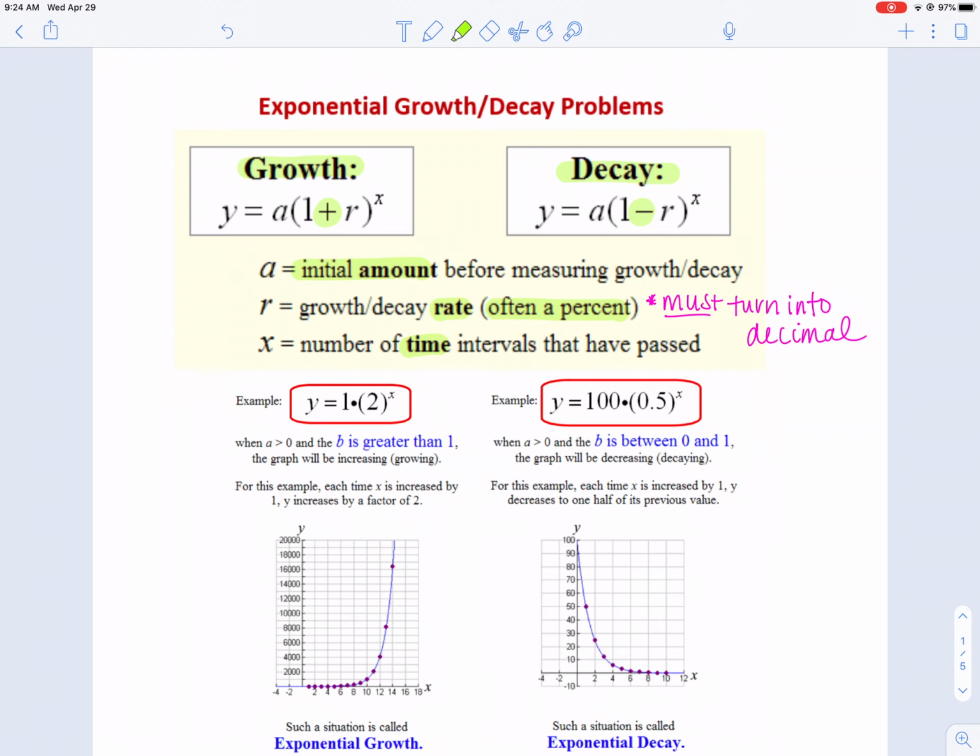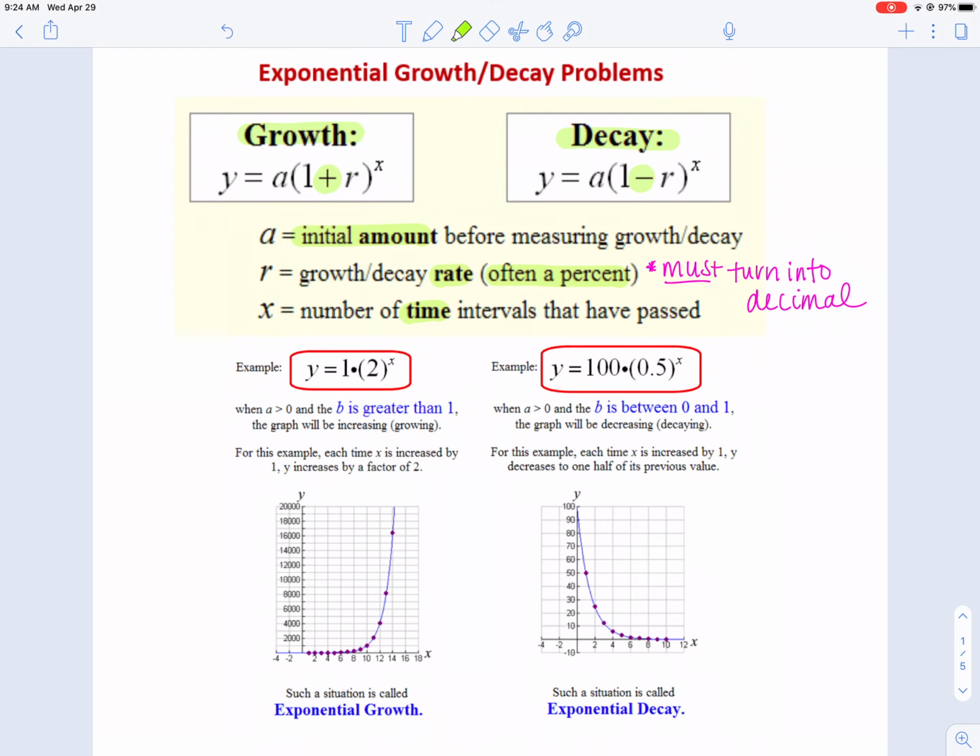So how are you going to know you're looking at growth versus decay? Well, if you look at your equations, and we've talked about this already, your growth is increasing, right? You could see this graph from left to right going up. This is growth. And when you're staring at the equation, most important thing I could say to you, how do you know your graph is growing? Look at your base. When your B value or your base right there is greater than 1.